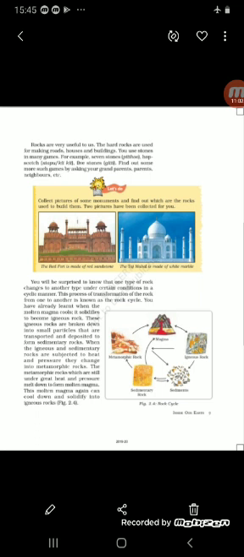So we don't need to be surprised. So rock cycle. What is rock cycle? Rock cycle means the process of transformation of the rock from one into another.